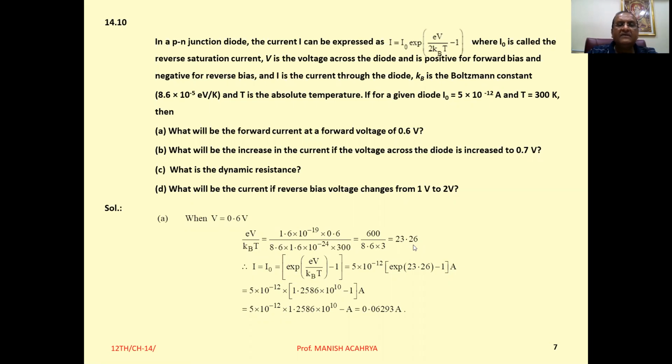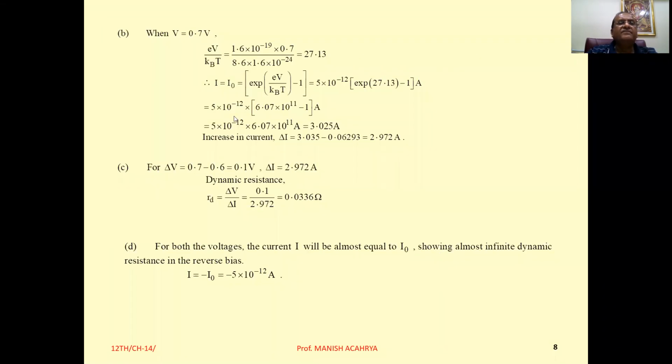When you solve this one, your answer will be 23.26. Clear? Then after, I equal to I0 into exponential eV upon kBT minus 1, substitute the values and then solve it. Finally, you will get the answer, that is 0.06293 ampere. Then after, in second question, take V, that is 0.7 volt.